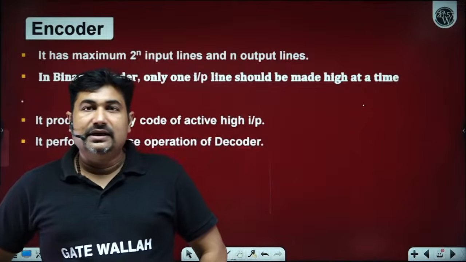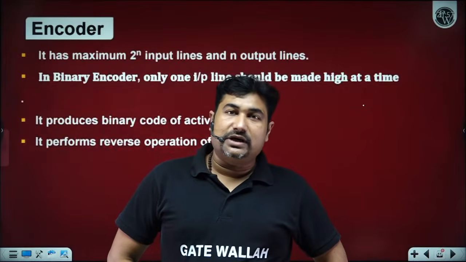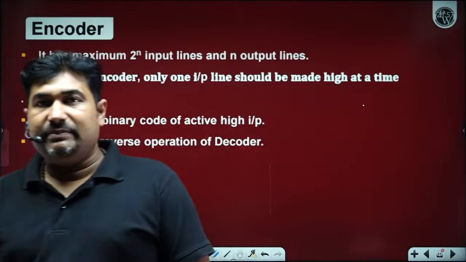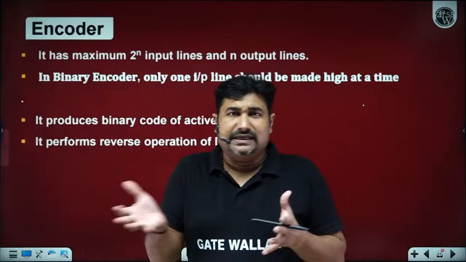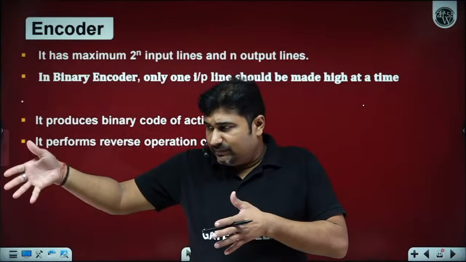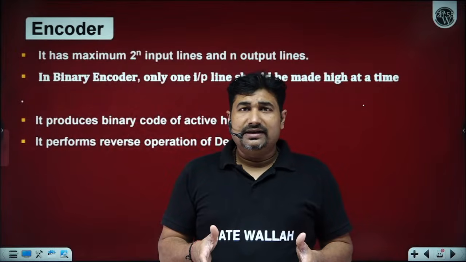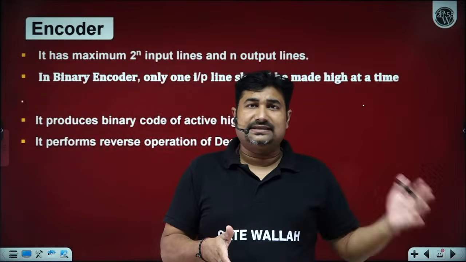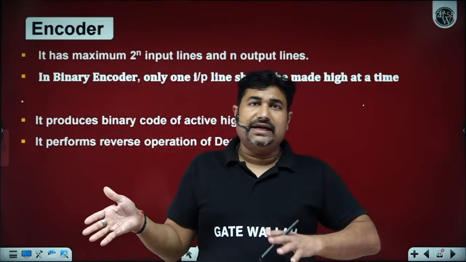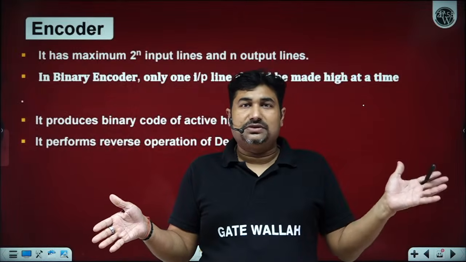Can you design a BCD to excess-3 decoder circuit? It's very easy. Input is BCD from binary of 0 to binary of 9, and the output is excess-3. If we have 0, we will get binary of 3, 0011.